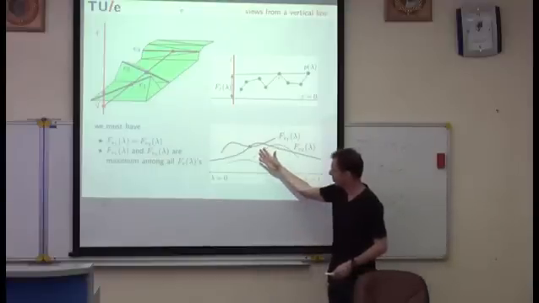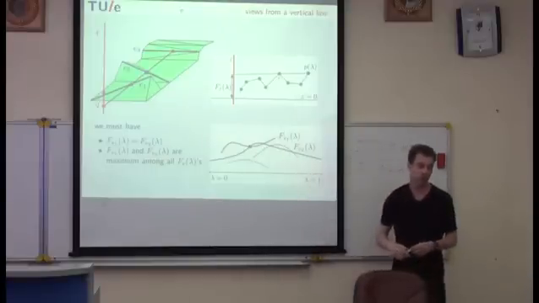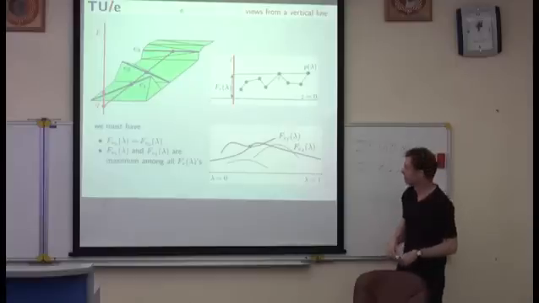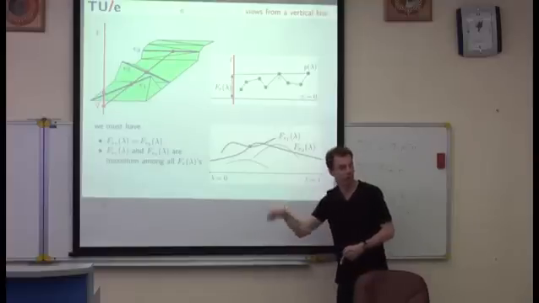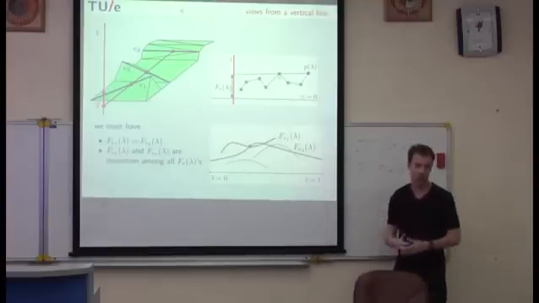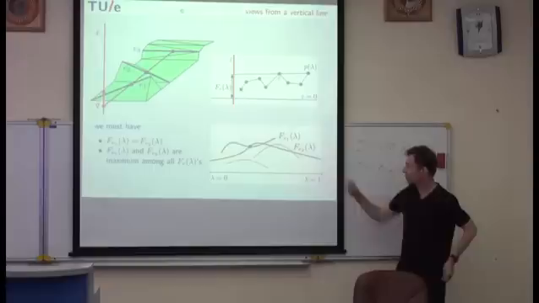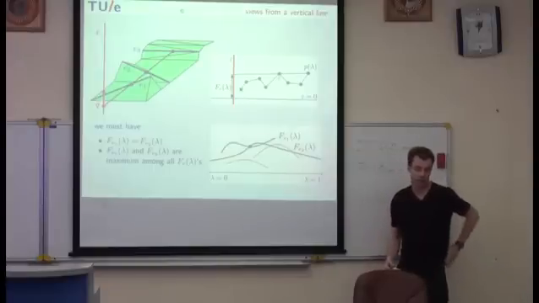My upper envelope has complexity depending on how often they can intersect, but if you do the computations, you will see that they intersect at most twice. So this upper envelope has complexity lambda 4 of n.